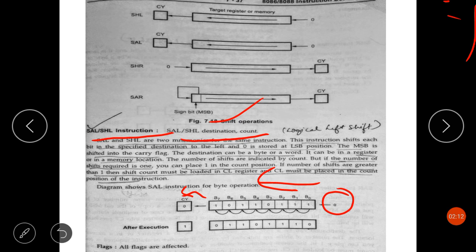The number of shifts is indicated by the count. If the number of shifts required is 1, we can place 1 in the count position. If the number of shifts is greater than 1, the shift count must be loaded in the CL register, and CL must be placed in the count position of the instruction.